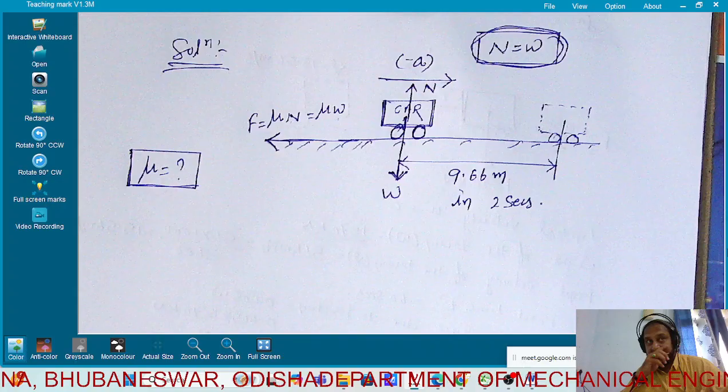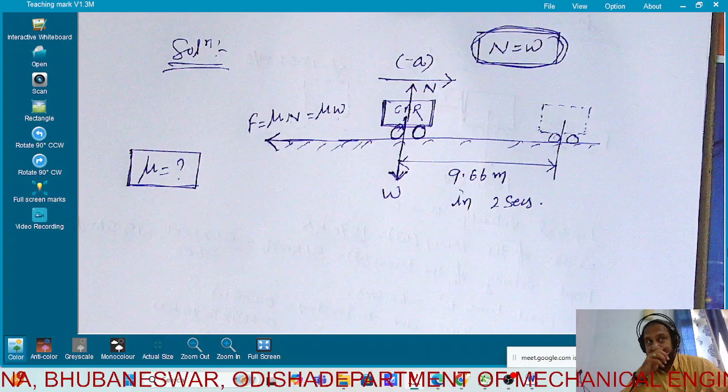So now what do we do here? Using the equation of motion again, same thing. What is the equation of motion? Summation of F is equal to W by g into a.